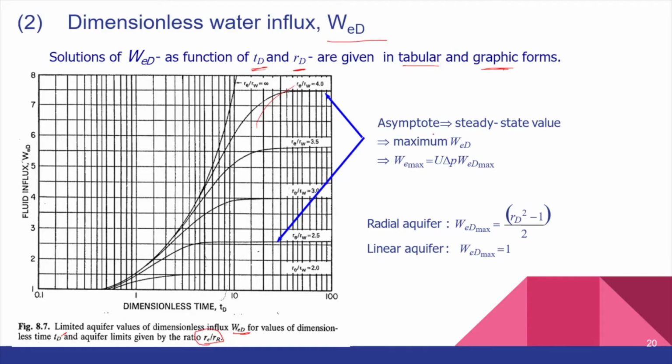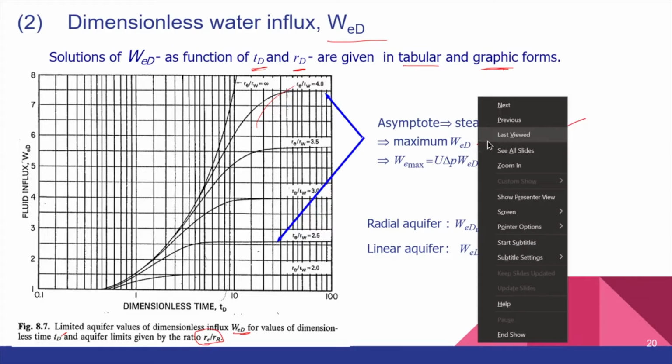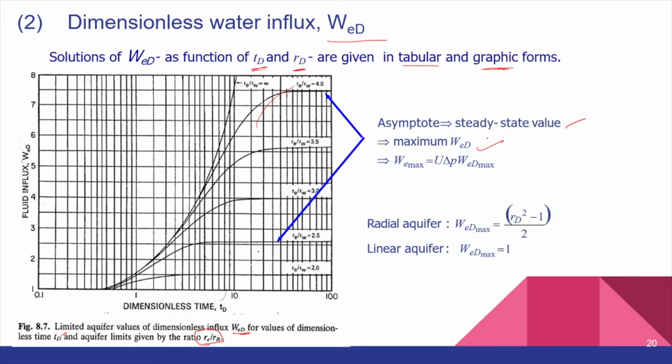So asymptote means steady state value. The maximum will be your WED, and We max equals U times delta P times WED max.